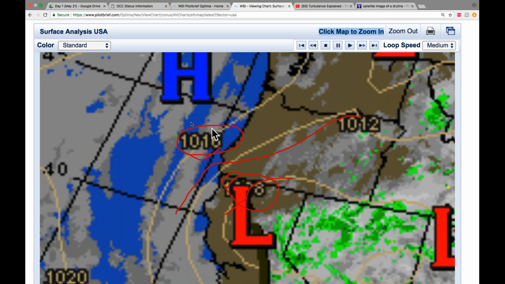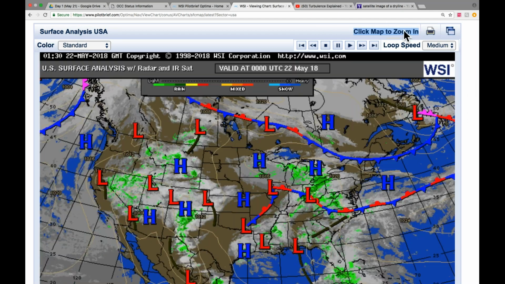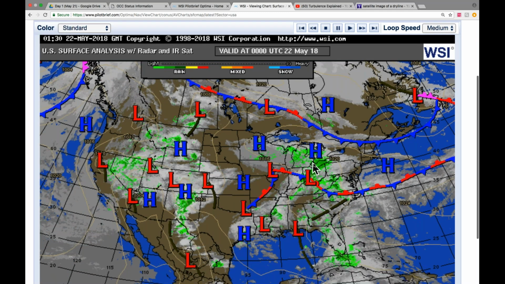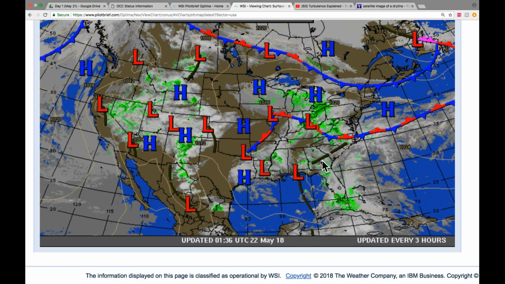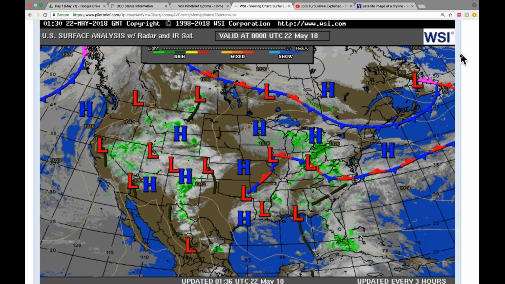This is the metric system of measuring our pressure. In the United States, we use inches of mercury to read pressures. But these charts are all using hectopascals or millibars.